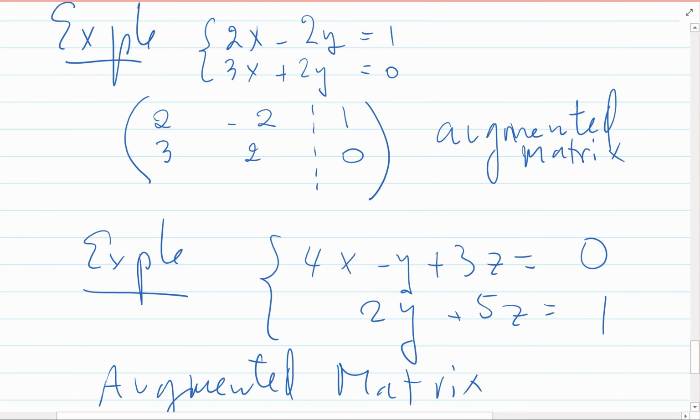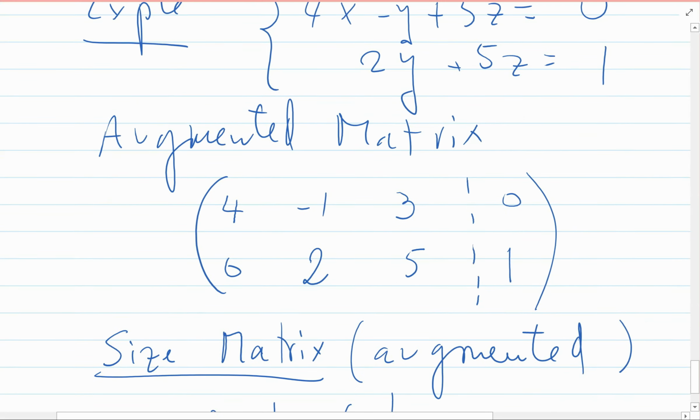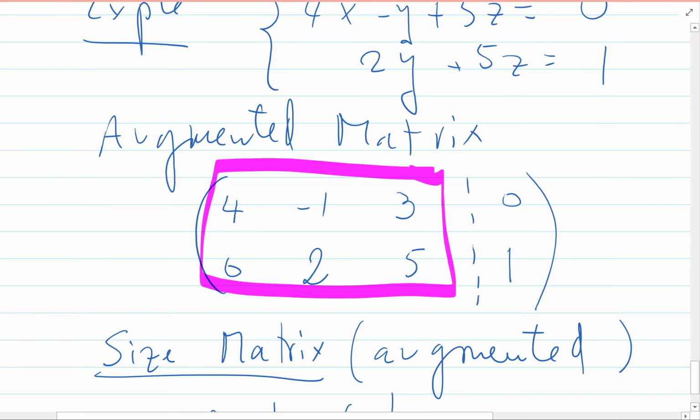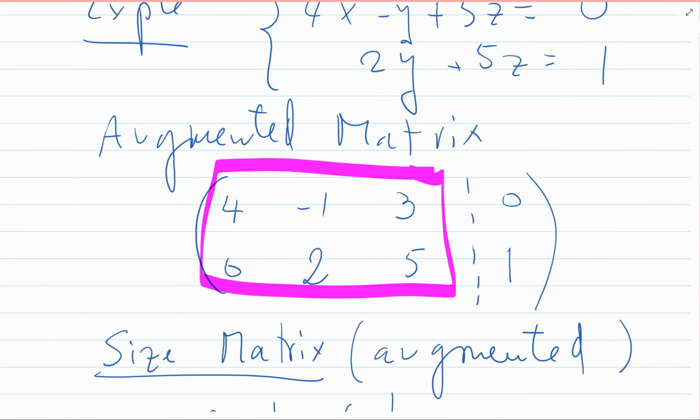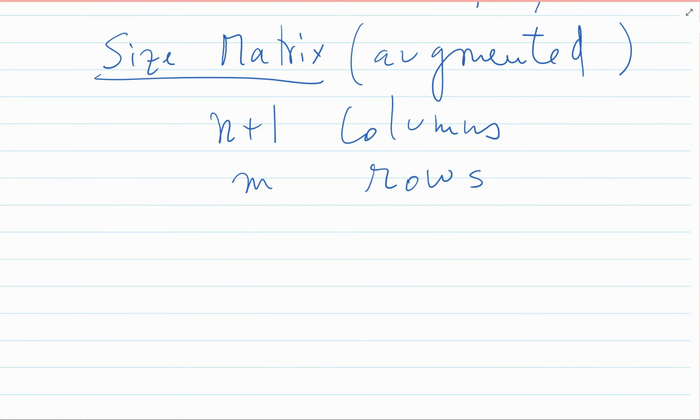It is very important to separate between the coefficients and the non-homogeneous terms. If you take only this matrix here, it has a name: it's called the coefficient matrix of the system. If you ignore the non-homogeneous term, what would be the size of the coefficient matrix?